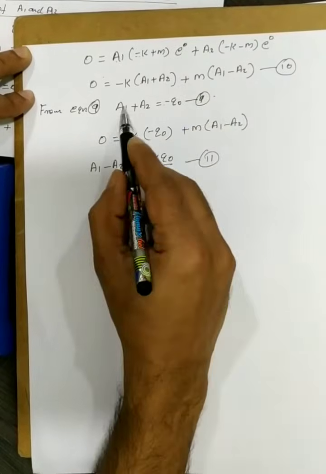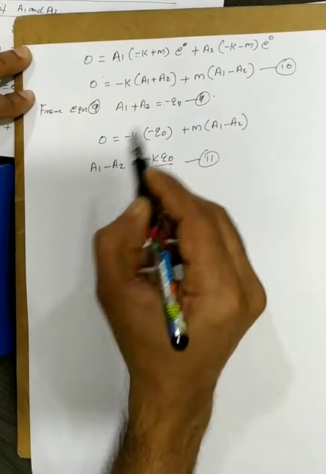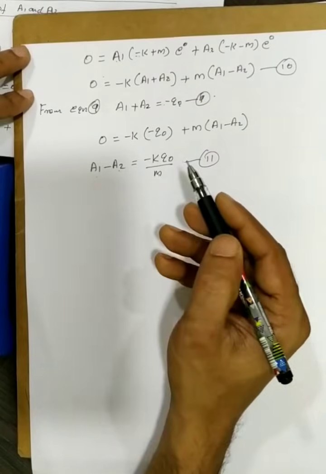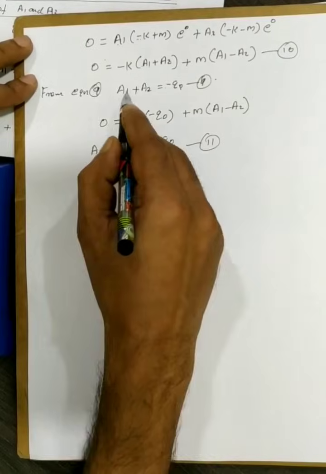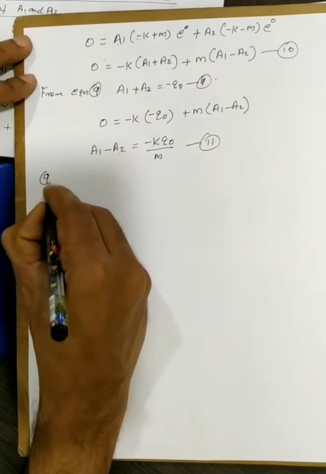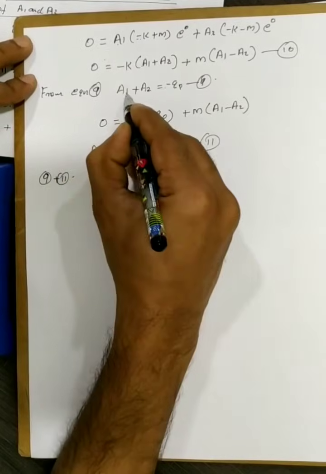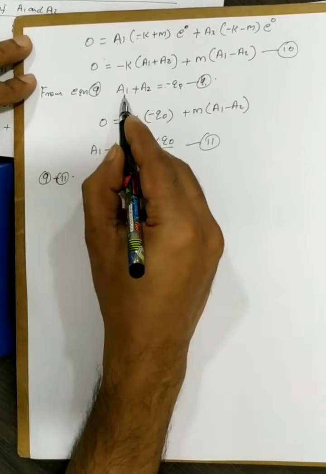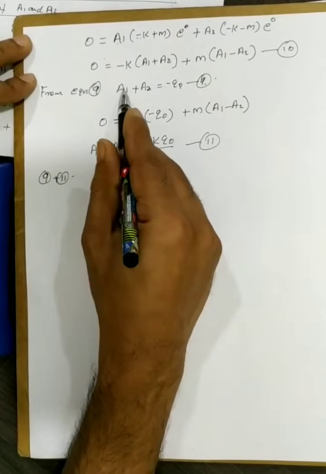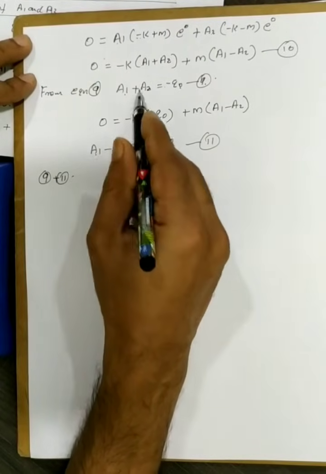So we got two equations: A1 plus A2 is equal to minus Q0, and A1 minus A2 is equal to minus kQ0 by m. It is very easy to find the constants A1 and A2. First add equation 9 plus 11: A1 plus A2 plus A1 minus A2, so we get 2A1 and A2 cancels.